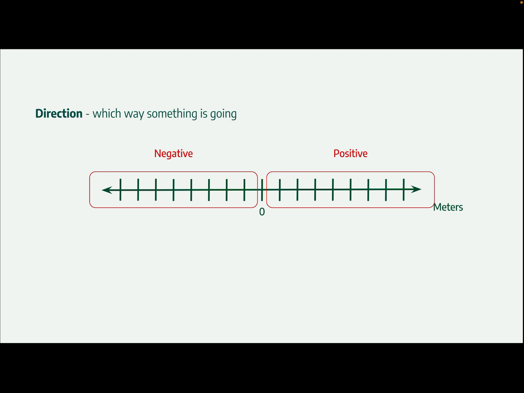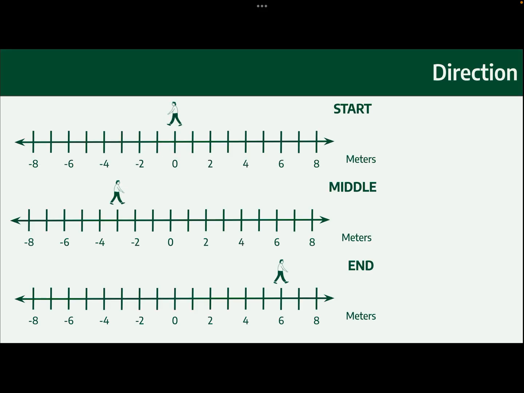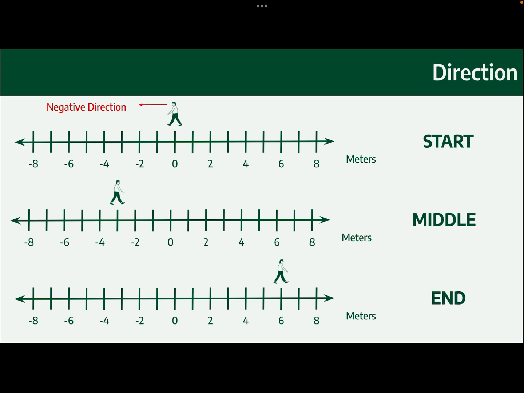Is it going in the negative direction? Is it going in the positive direction? Well, when I look here, I can see my starting person is going in the negative direction. It's becoming more negative as time goes on. That's the way it's moving. My ending person is going in the positive direction. It's becoming more positive as time goes on.